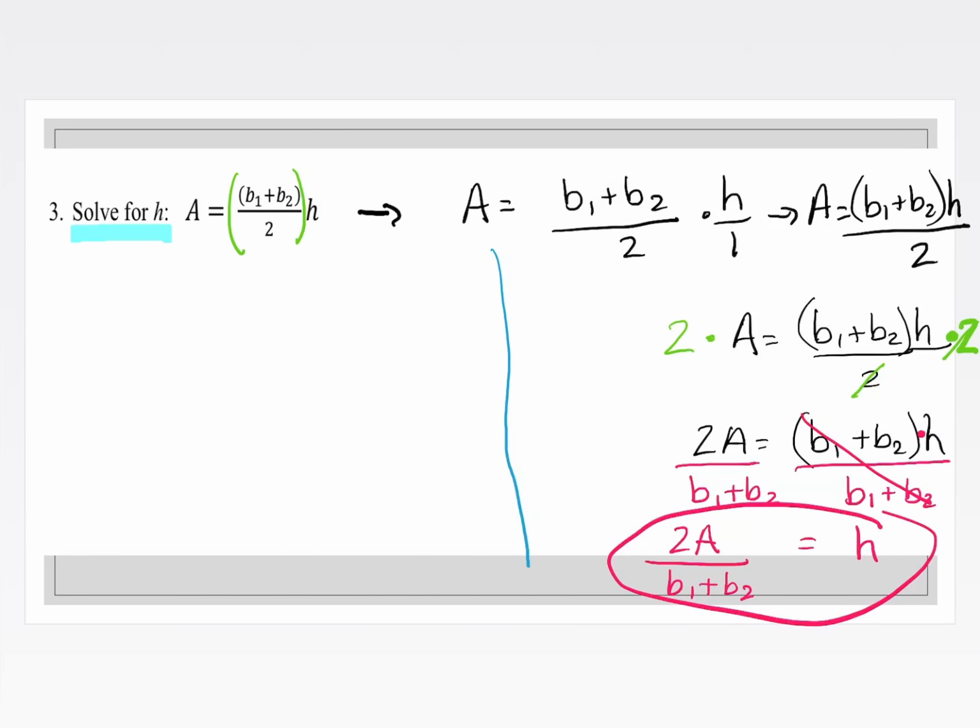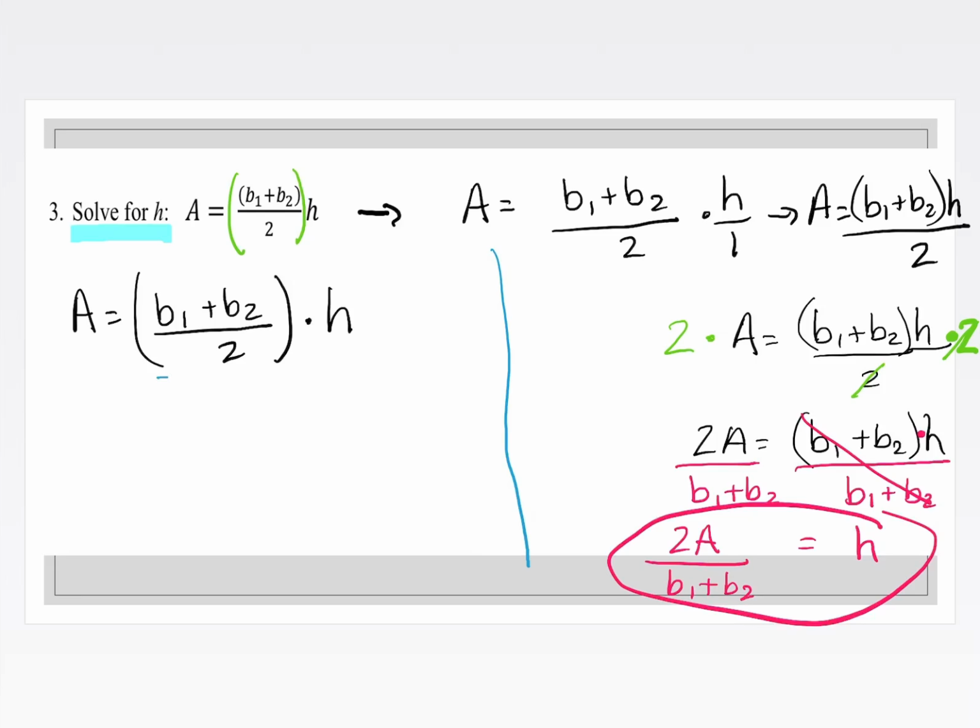One other way that I wanted to show you all is if we have A equals b1 plus b2 divided by 2, and then this is all times h. So because they are multiplied together, the inverse of multiplication is division.